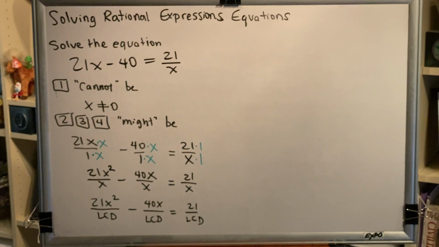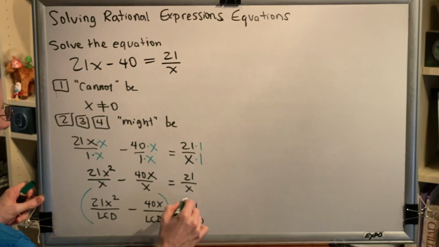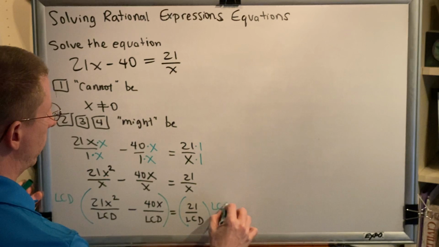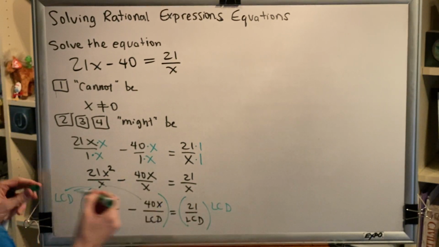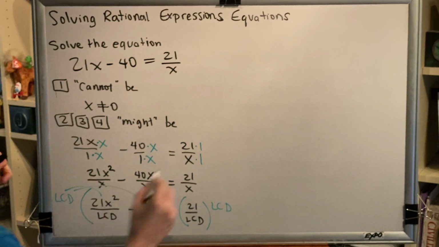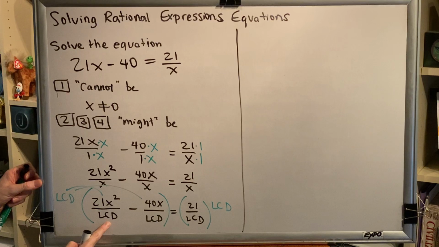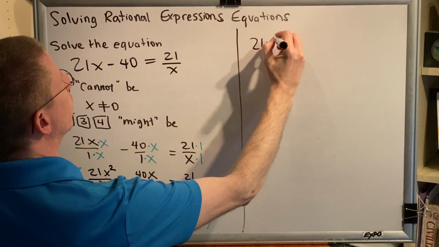Our next step is to multiply both sides by the LCD. So the whole left side and the whole right side will get multiplied by LCD. On the left, we use the distributive property, and on the right, we simply multiply. So when we distribute this LCD to the first fraction, these LCDs cancel because this one's up top and this one's down below, leaving us just our numerator, 21x squared.